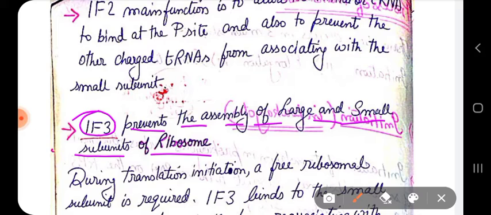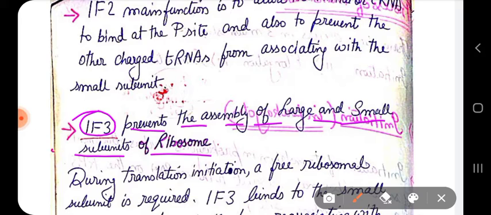Well, IF3 is another initiation factor which prevents the assembly of large and small ribosomal subunits, because during initiation we have to arrange all those initiation factors one by one into position, so that our initiator tRNA will get the position to bind at the P site, and then only will your large ribosomal subunit associate. Before that, IF3 has to get out of the place, because IF3 is preventing the association of the large and the small ribosomal subunit.